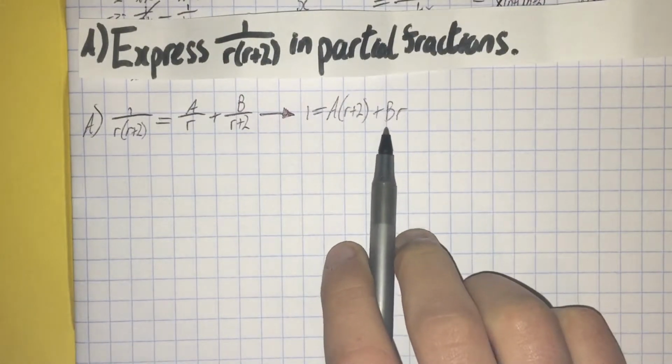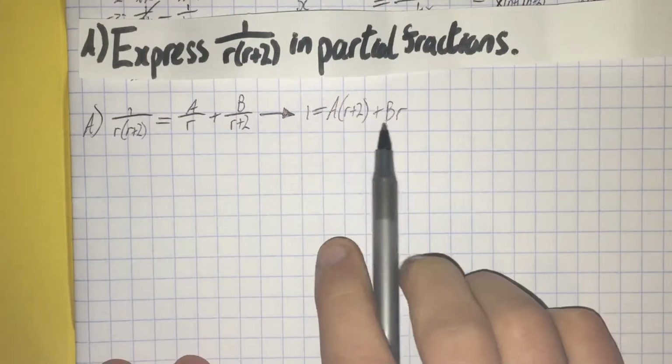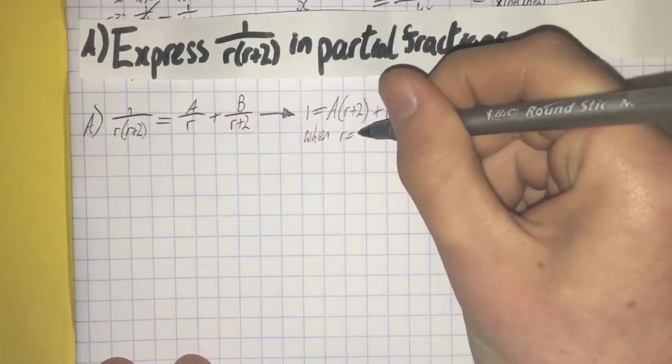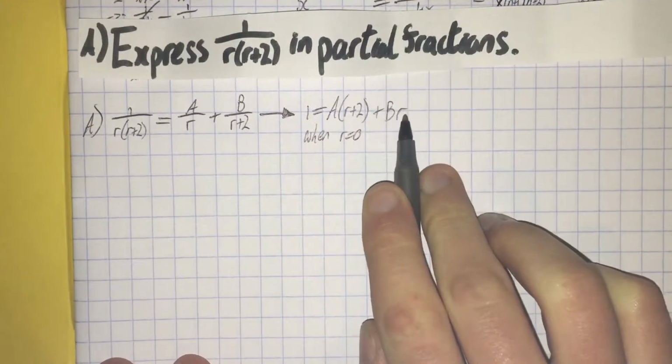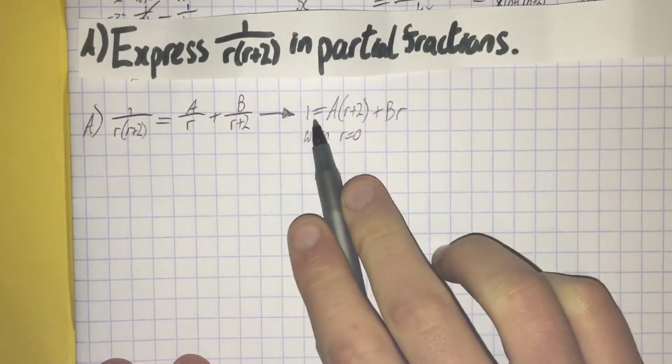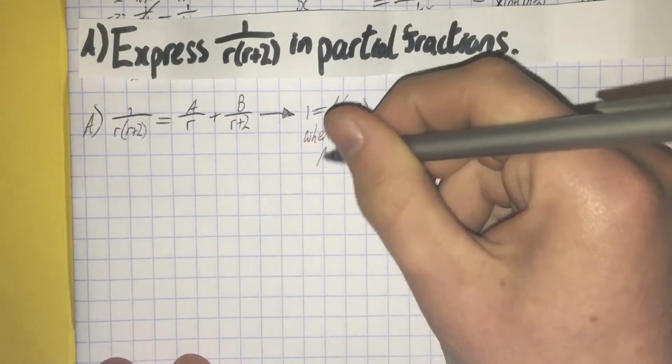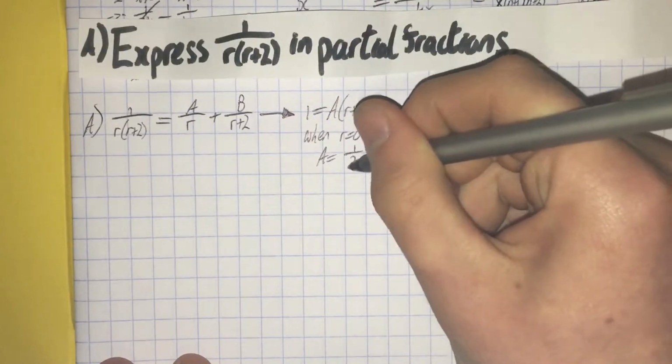I'm going to use the example of substitution. So if we substitute r equals 0, this cancels off our br term, and we'll have 1 equals a times 2, which means that a will equal a half.